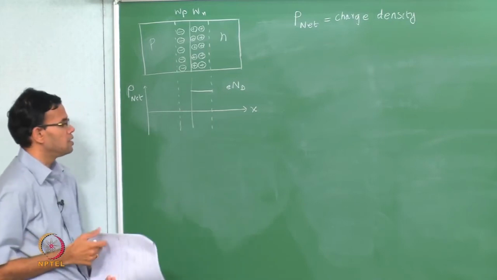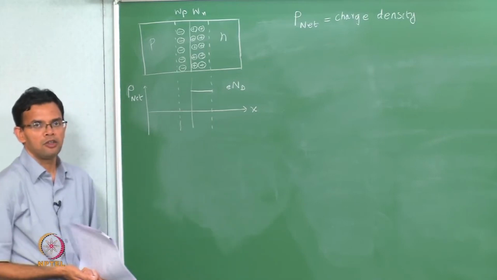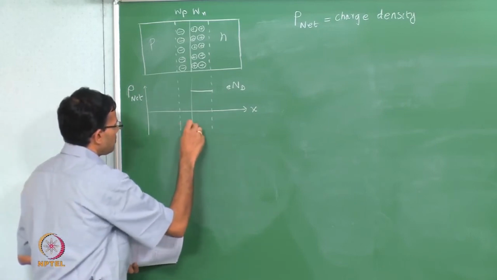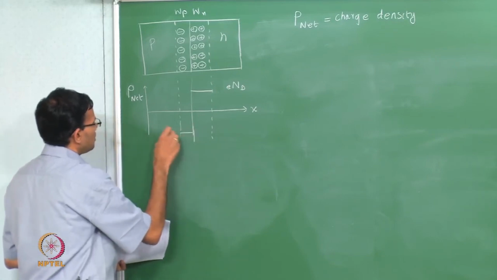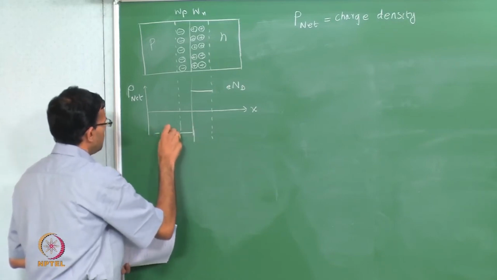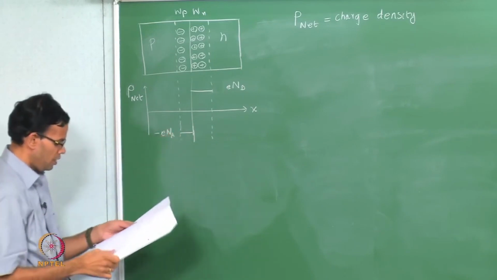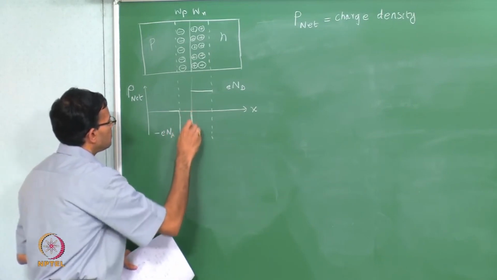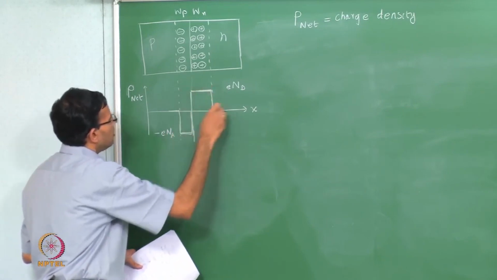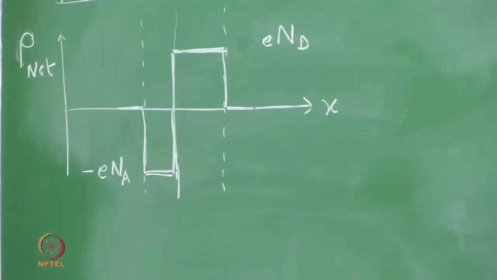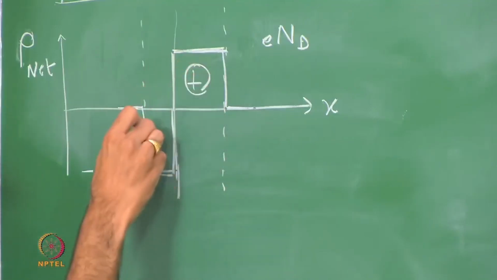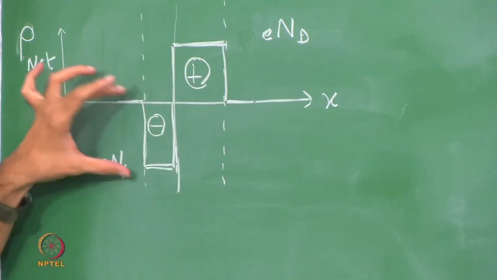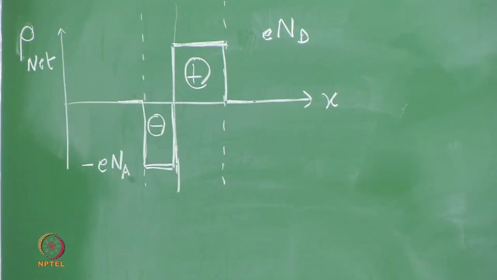On the p side the charge density is given by the acceptor ions, which have a negative charge, so this is minus e Na. The total charge has to be 0, which means the positive charge on the n side has to balance the negative charge on the p side. So, the areas under these two graphs are the same.